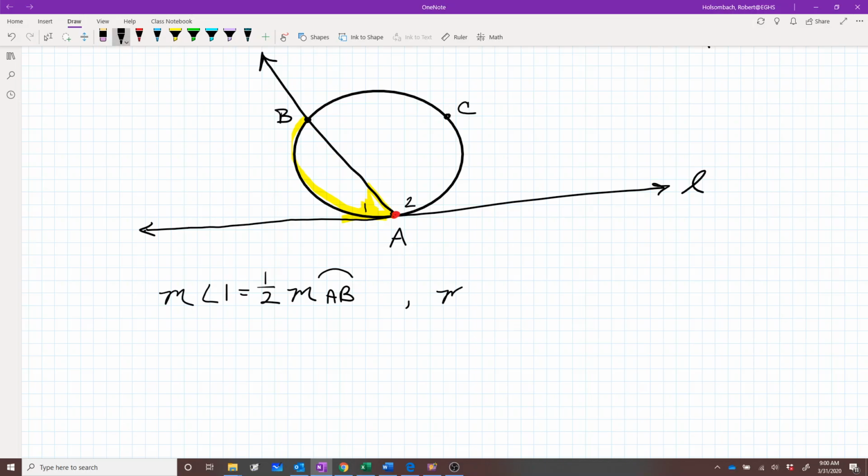The measure of angle 2 will be equal to 1/2 of the measure of arc BCA. So here's your angle 2. It's going to be half the measure of this arc.